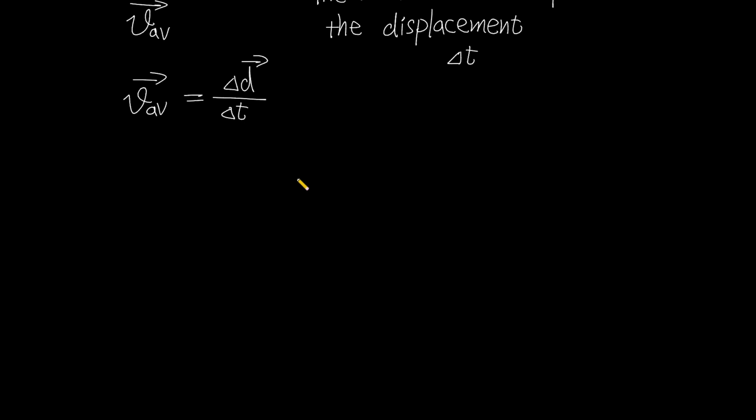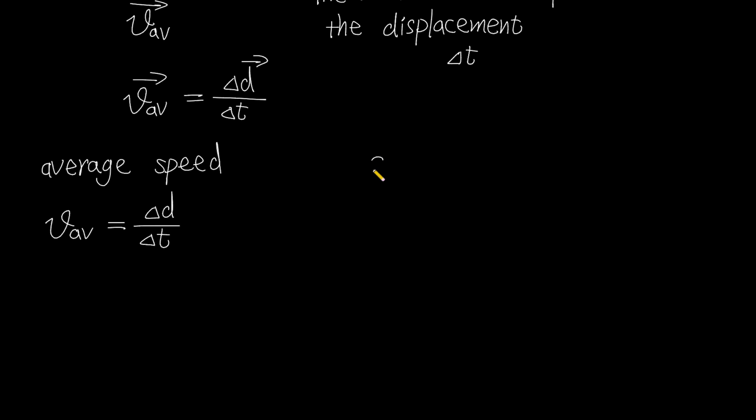And now we compare the formula of average speed and average velocity. For the average speed, its formula is v equals delta d over delta t.